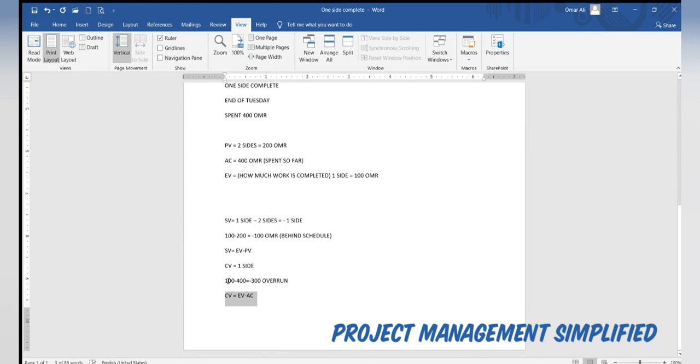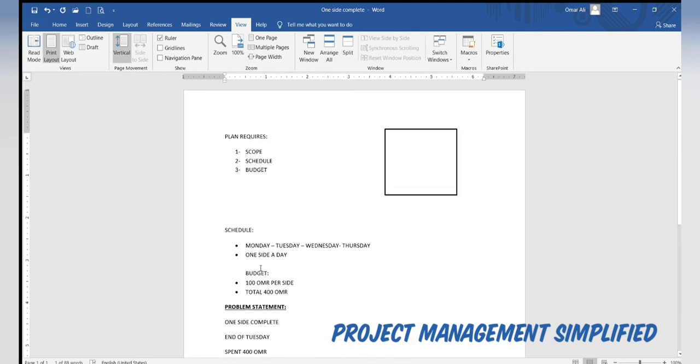We completed only one side on the second day, and the baseline cost for this one side is 100 riyals. However, the actual cost was 400 riyals for that one side, which means negative 300 riyals, a 300 riyals overrun.